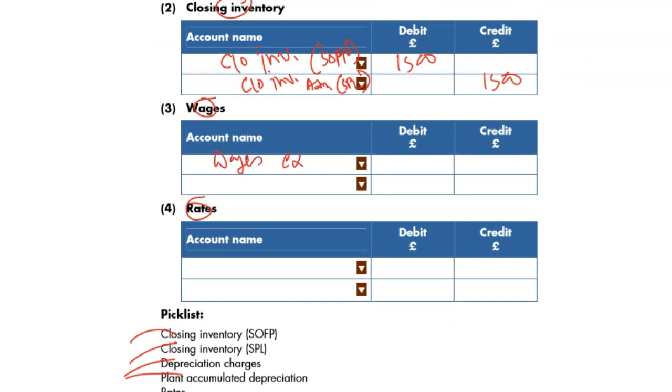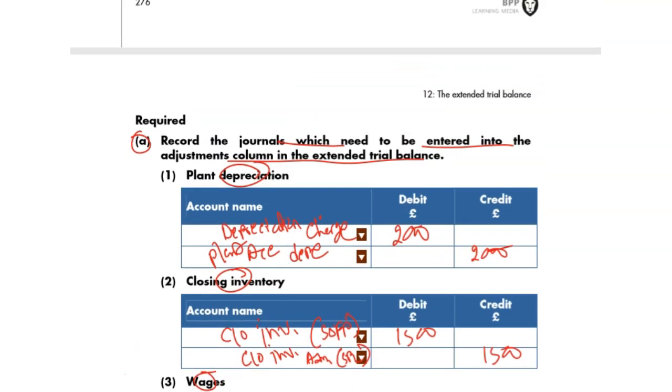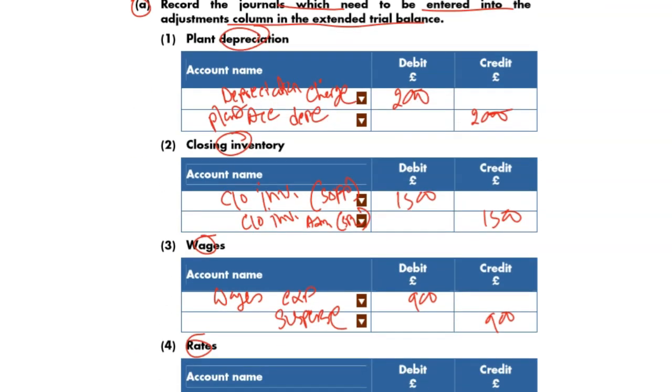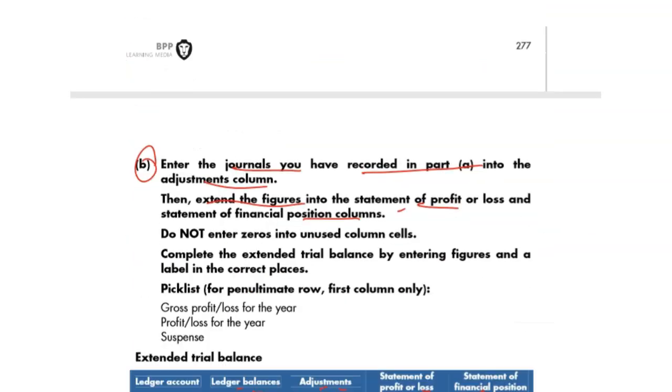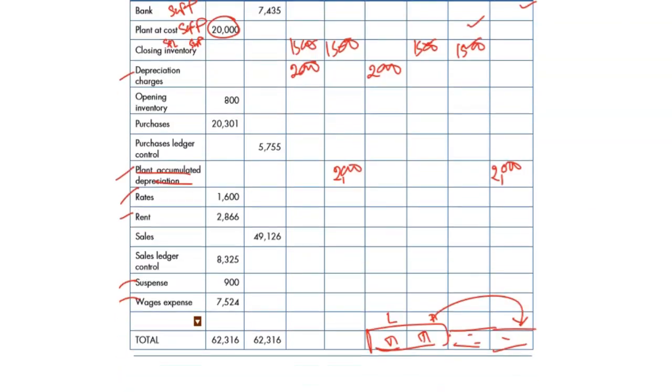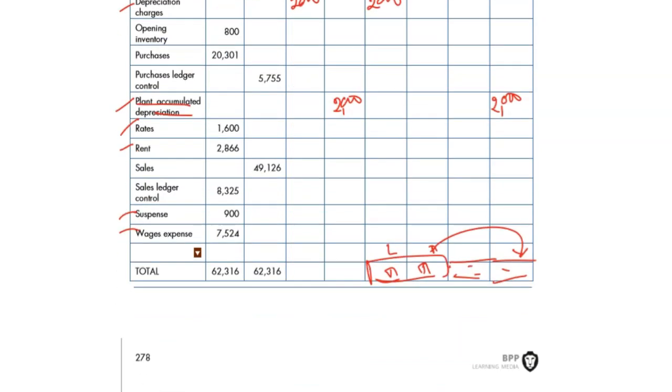Wages expense debit and suspense credit 900. We don't need any narratives here. It's just a journal. Wages expense debit means we need to add it with the wages expense. So let's go to the wages expense somewhere. Where's that? Wages expense at the bottom. I found it here. Look at this.